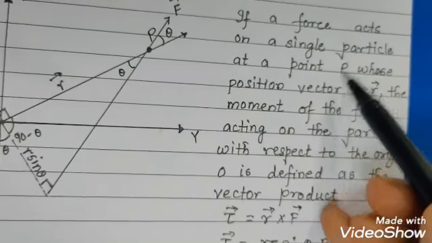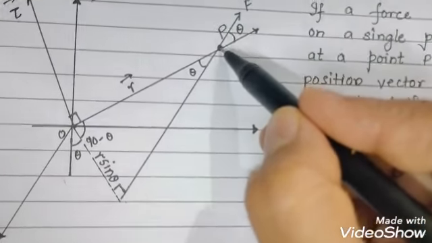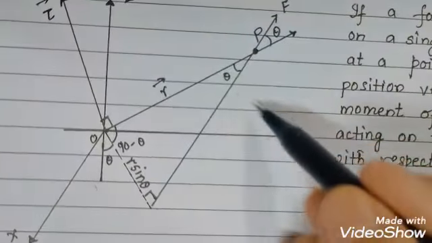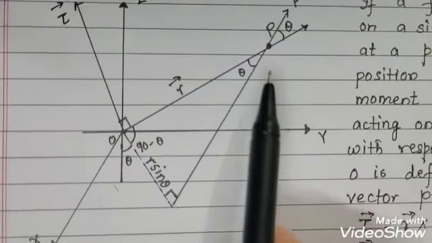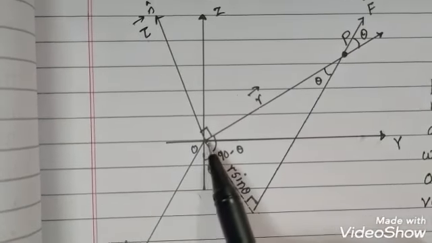So if a force acts on a single particle at a point P, you will see that this is the point P which is located here in the YZ plane. Okay, and you will find the position vector of this point P from the origin.